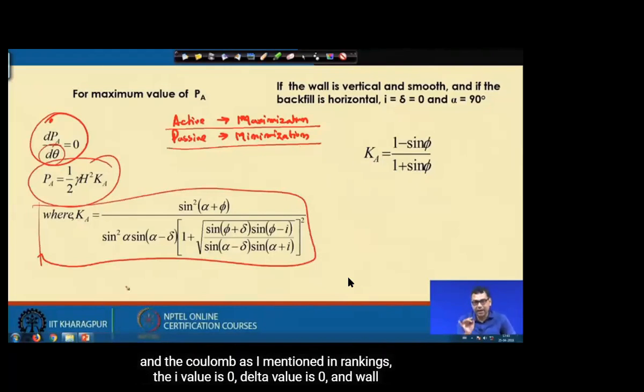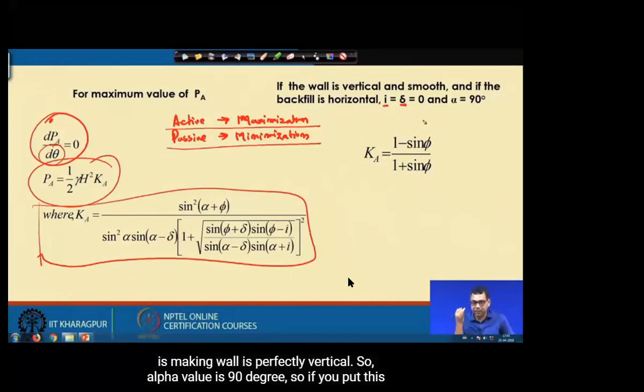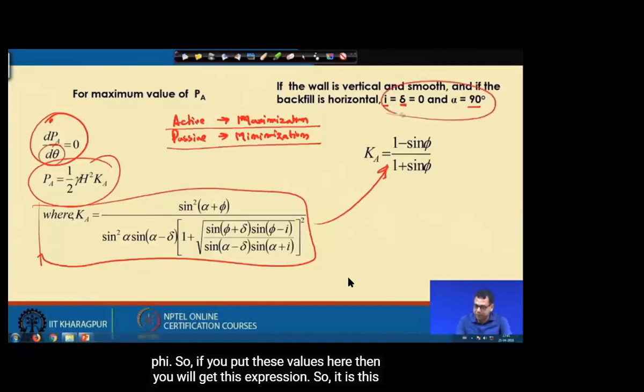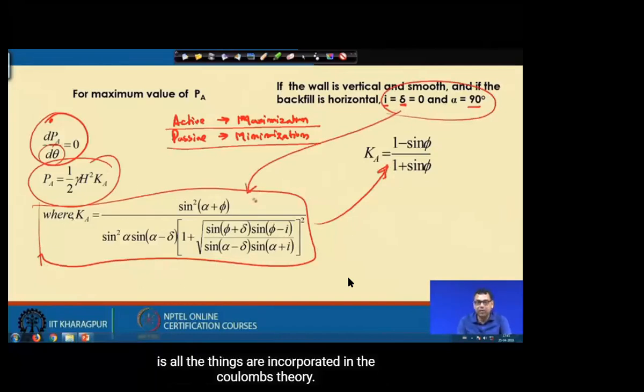As I mentioned, in Rankine's theory, the I value is 0, delta value is 0, and the wall is perfectly vertical, so alpha is 90 degree. If you put these values in this expression, you will get the same (1 minus sin phi) divided by (1 plus sin phi). So, all these things are incorporated in Coulomb's theory.